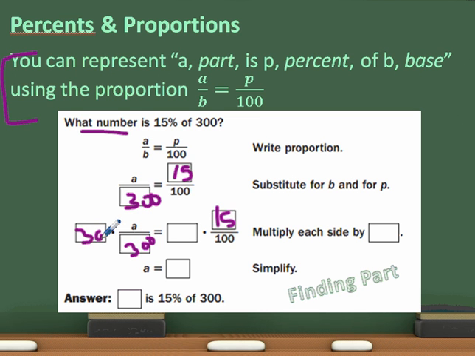When I do that, this is going to make the identity property, and this is going to be 1A. I'm going to multiply this by 300 times 15 divided by 100. So I'm going to multiply each side by 300. Remember, the reason I'm doing that is to get A by itself.